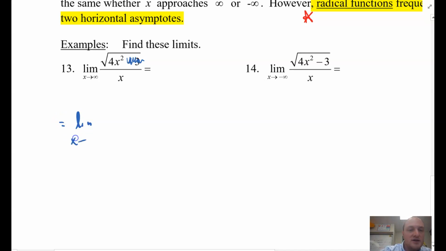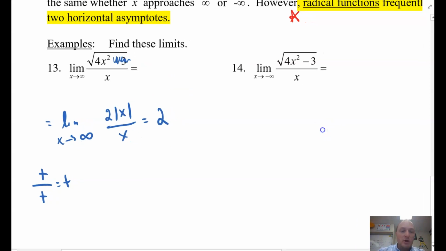I have the limit as x approaches positive infinity, and what we get is 2 times the absolute value of x in the numerator, and in the denominator, we just have x. So when I plug in infinity into x, I have 2 times the absolute value of infinity. That's going to be a positive value, I hope you would agree. In the denominator, I plug in infinity, and we get another positive value. So lo and behold, we get a positive. I'm sorry, not positive infinity. The powers are the same, so it's going to approach 2, and our 2 is going to be positive.